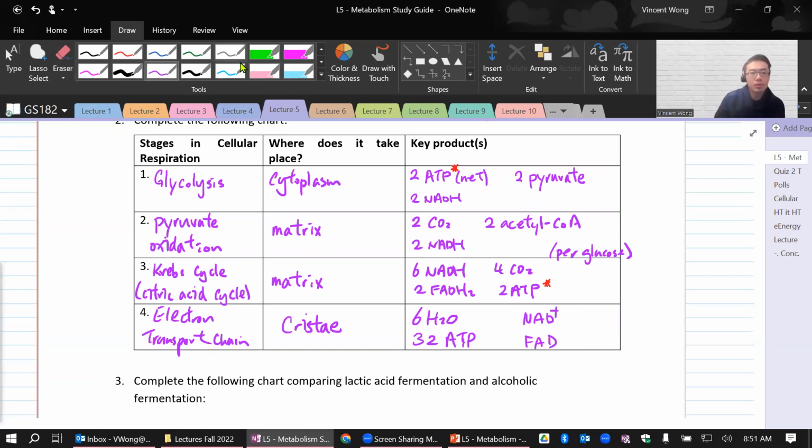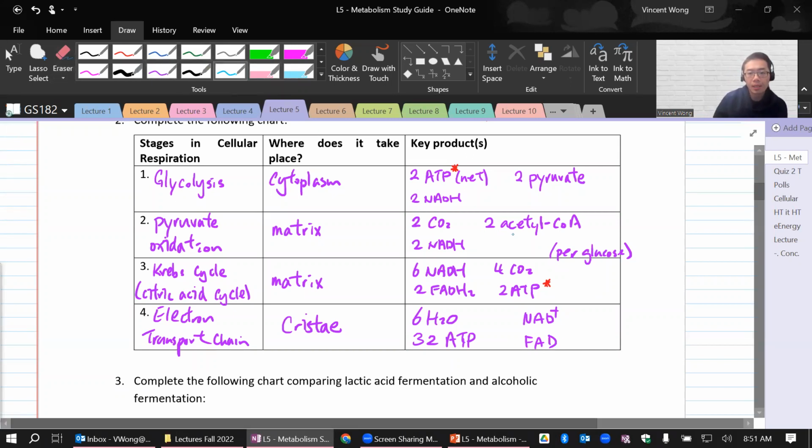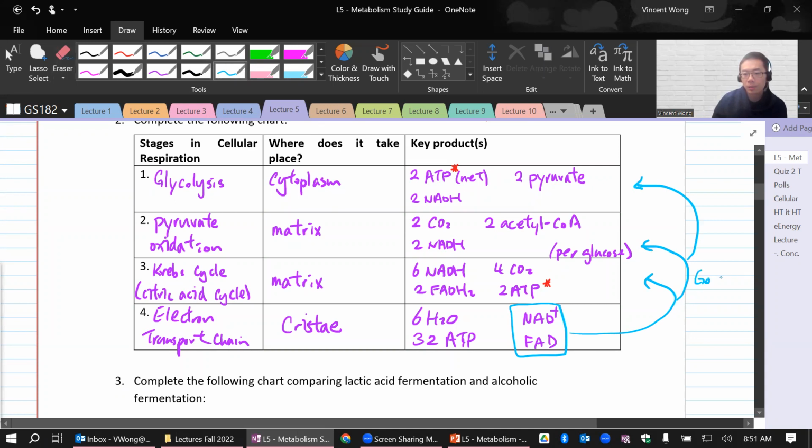And what will these do? These will go back, right? Go back to 1 to 3 to pick up more electrons, right?